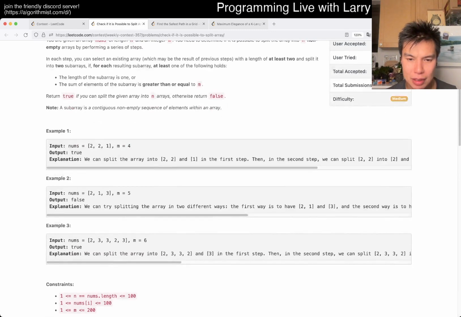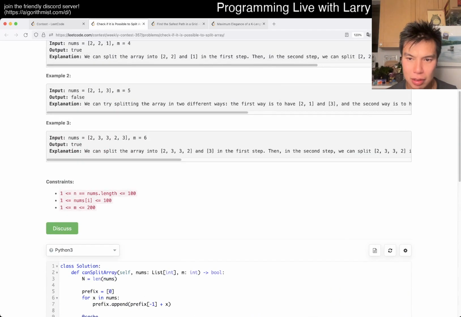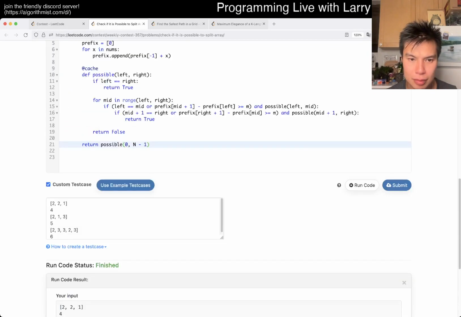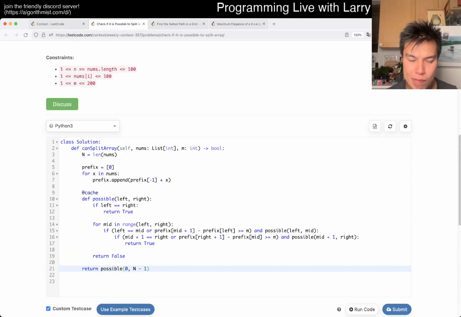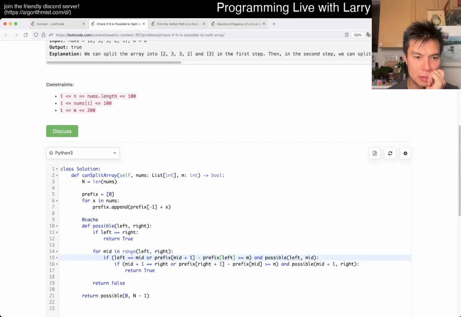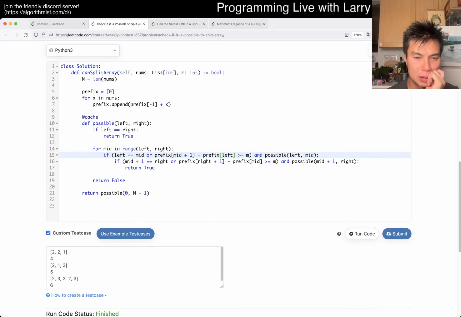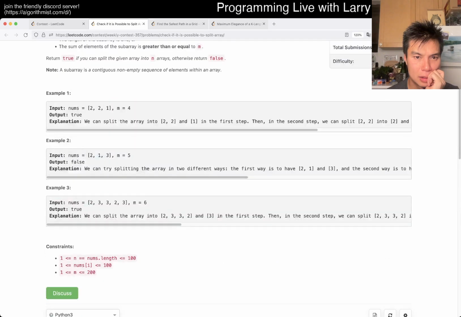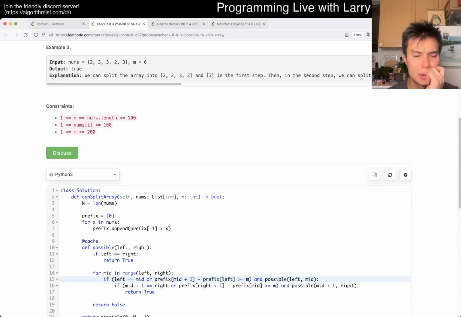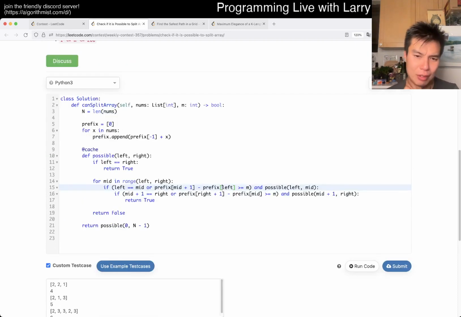two different ways. So two. Left is equal to mid, or inclusive. What am I doing wrong? Well, my prefix sum is probably off by a little bit.